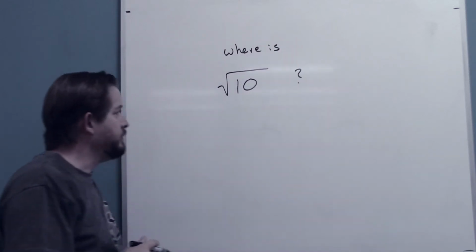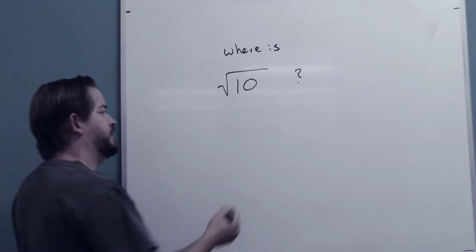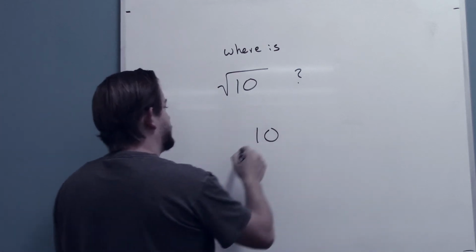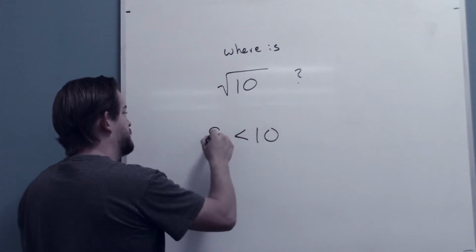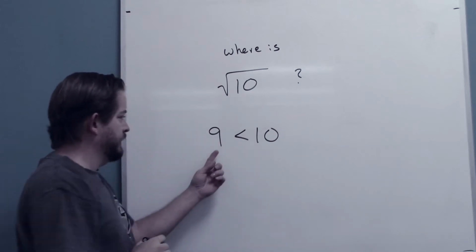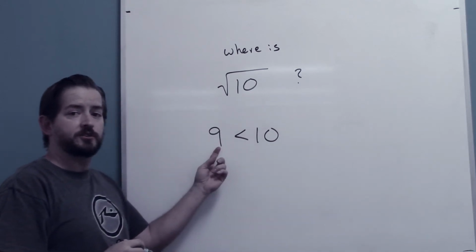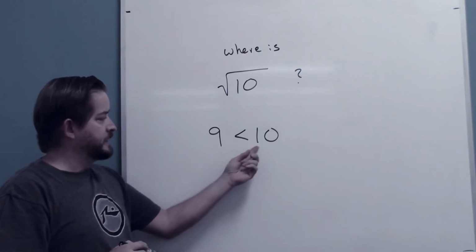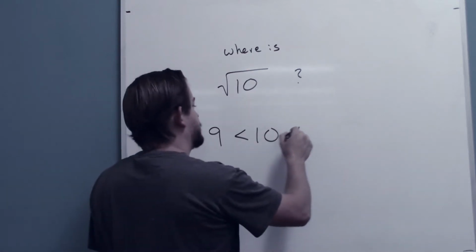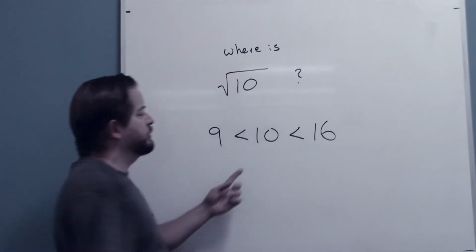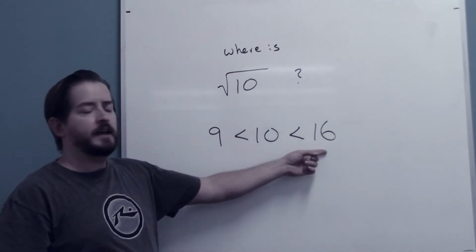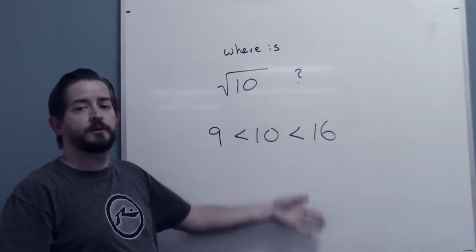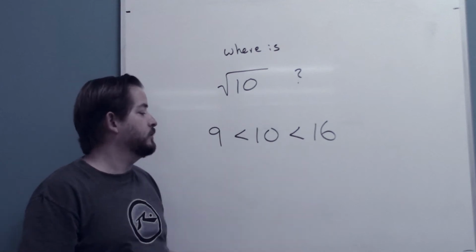So we'll make some observations. 10 I know is greater than 9. I chose 9 specifically because I know the square root of 9. The next number after 10 that I know the square root of is 16. So it's worth noting that 10 is between 9 and 16, and all of the square roots are going to maintain these inequalities.